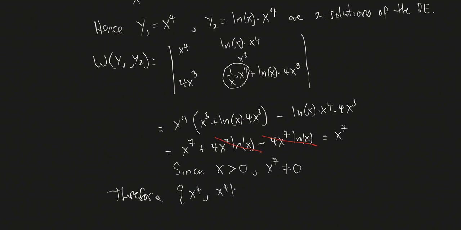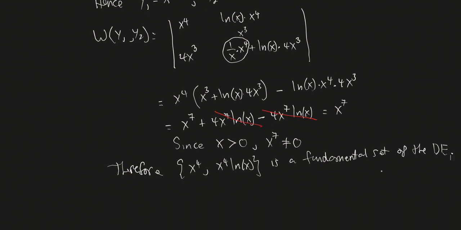So let me write it like this. Right, so this is a fundamental set of the DE, and by the superposition principle, why did I write by twice? So no, I'm not done just yet. We're getting there.